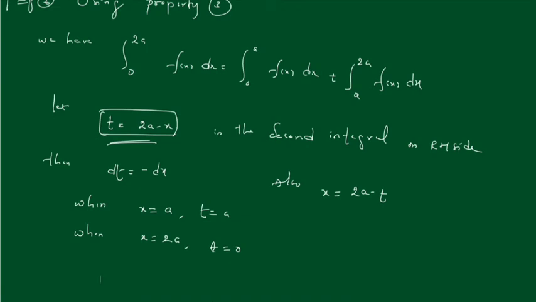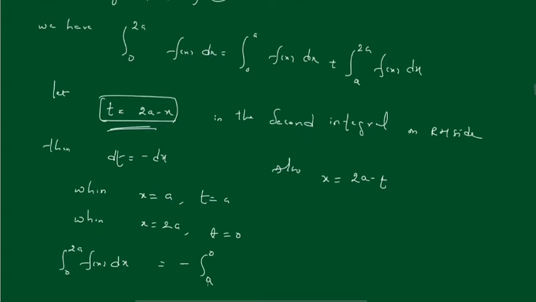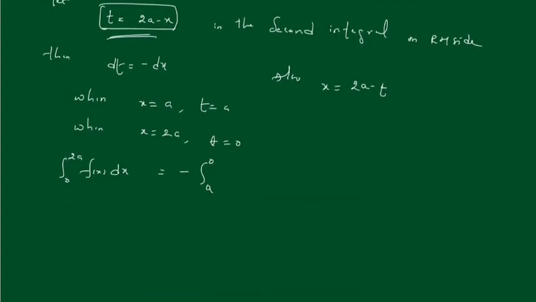The integral from a to 2a of f of x dx becomes minus the integral from a to 0 of f of 2a minus t dt, the minus being taken outside.